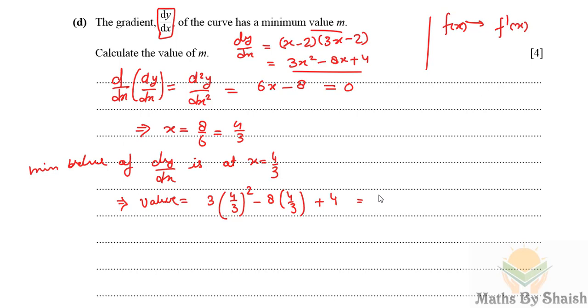So it is 3 into 16 over 9, minus 8 4s are 32 over 3, plus 4, and 3 cancelled.